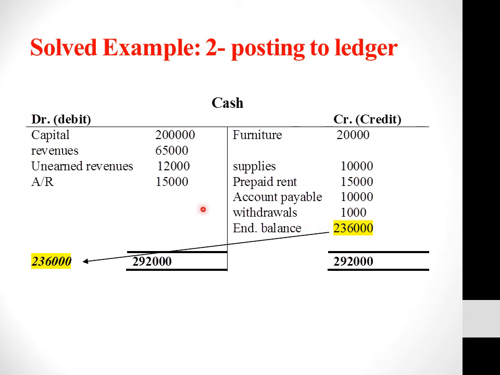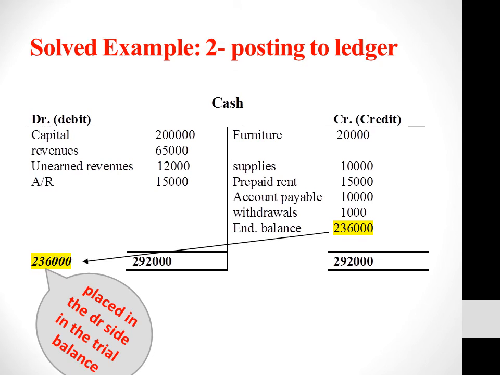We said that we calculate how much the debit side has, how much the credit side has, then we subtract and place the balance within the greatest side like this, and of course this balance will appear in the debit side within the trial balance.